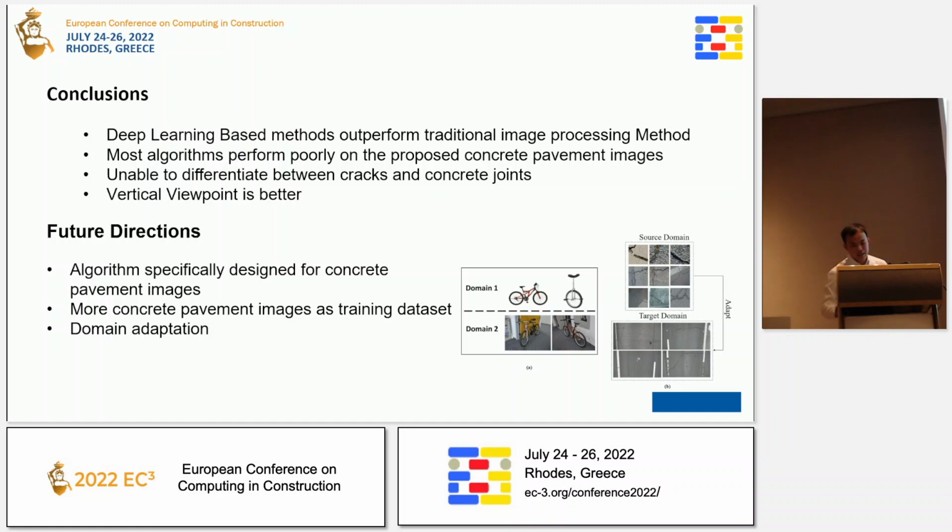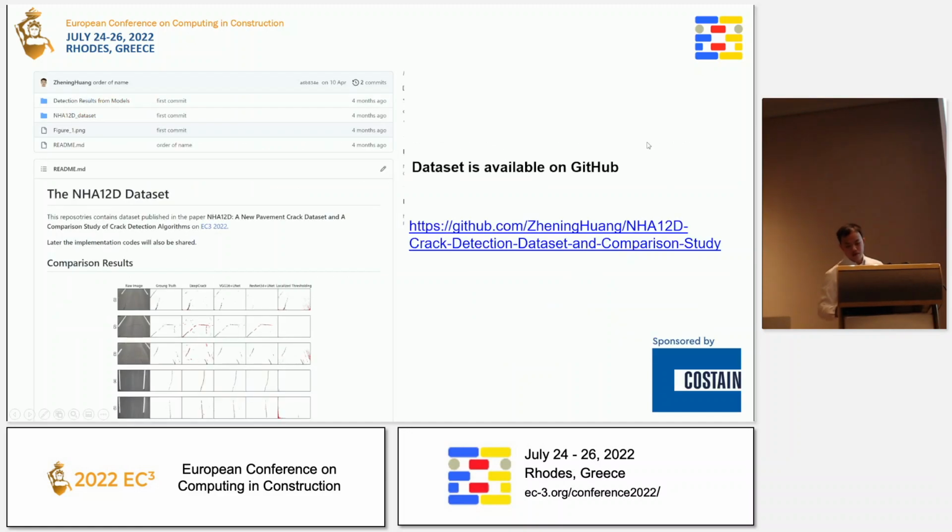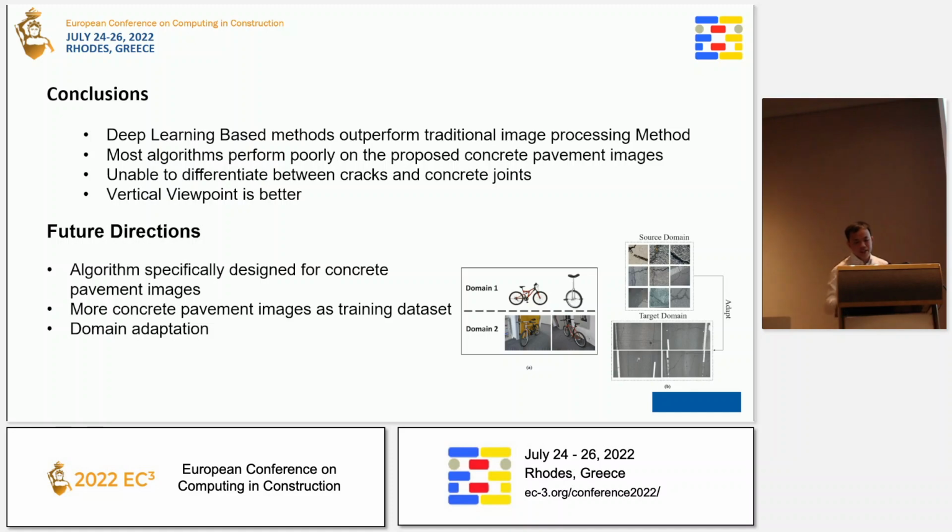As you can see here, like the bicycle, the top bicycle and the bottom bicycle are both bicycles, but they come from different domains because they have different styles of images. This can quite badly impact the performance of the algorithm. But there are some domain adaptation techniques we can use to mitigate these problems. So this might be a future direction.